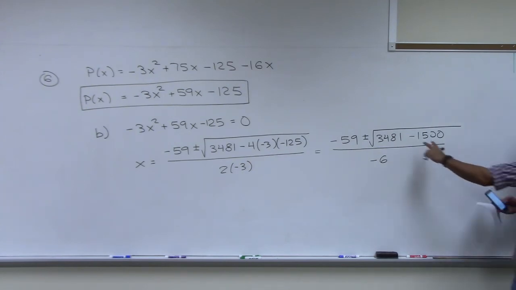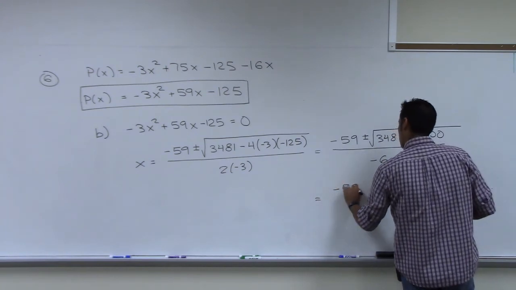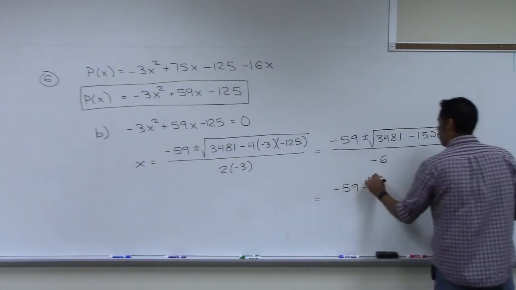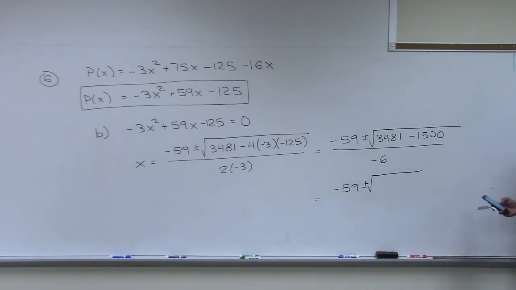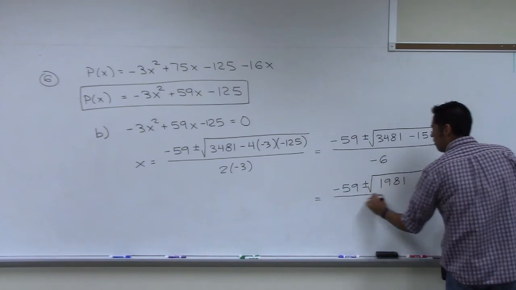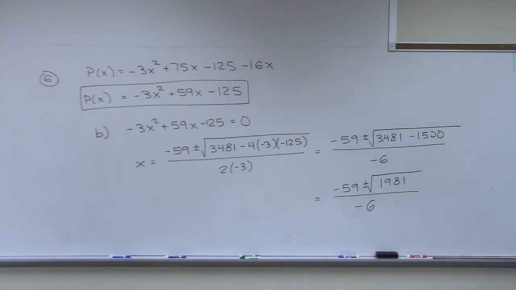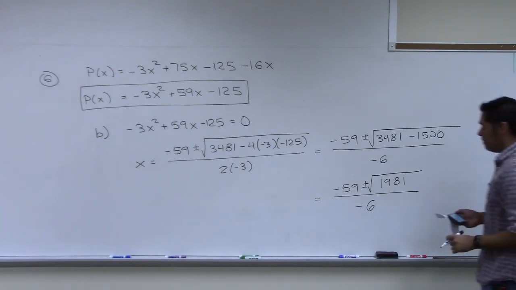When I do this underneath the root, when I take 3,481 and I subtract 1,500, I get 1,981. And then all over negative 6. Then I have to take the square root of 1981, which is about 44.5.